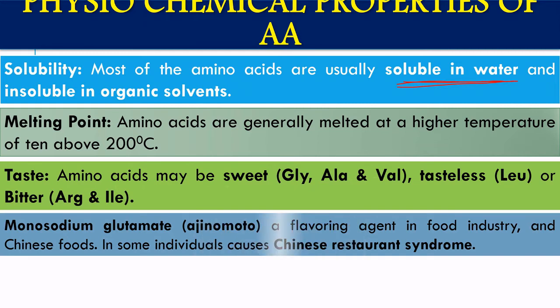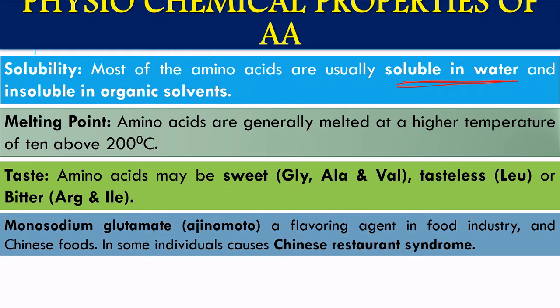Then one taste-improving chemical is called Ajinomoto, which we commonly use. Chemically it is called monosodium glutamate, abbreviated MSG, which is a flavoring agent in the food industry and in Chinese food.